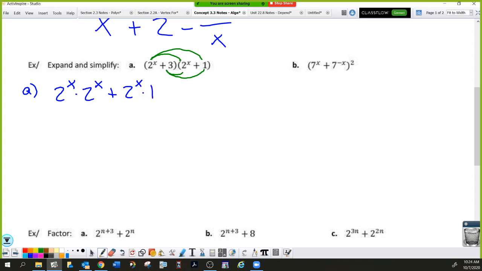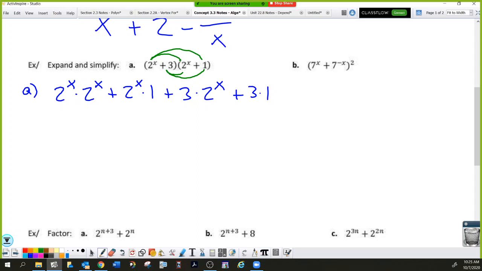Just going to FOIL it here. And then 3 times 1. There. So I haven't skipped any steps. Anytime you write something times itself, what's an easy way to write that using symbols?